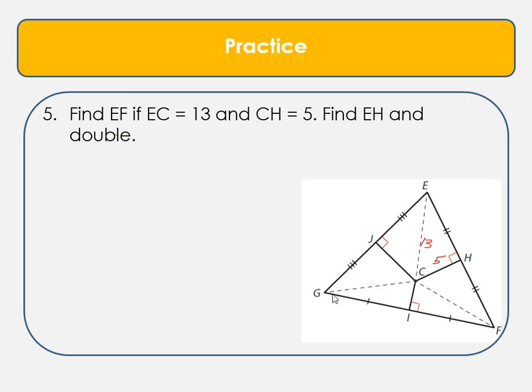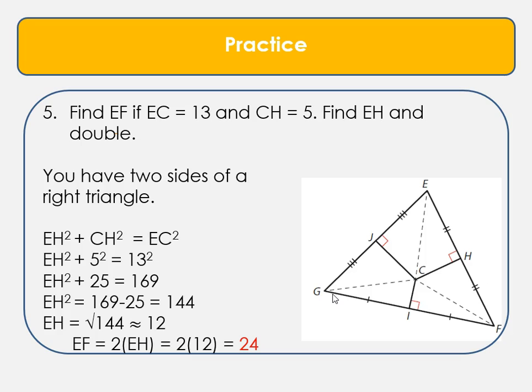EH will be half of that long side. So we need to solve this triangle and then double the answer. So we solve using the Pythagorean theorem, and we find that EH is 12. So that means EF would be 2 times EH, which is 2 times 12, which equals 24.